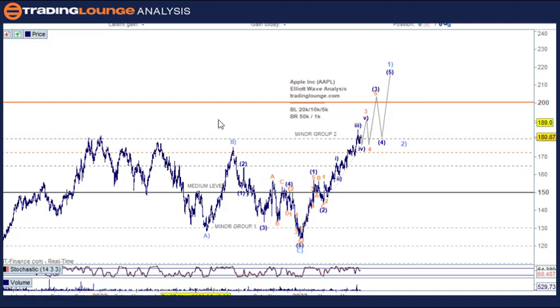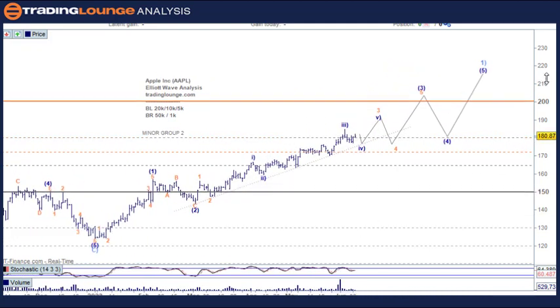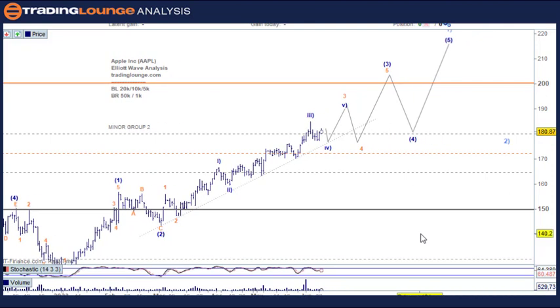Now, to get to a tested support over here, it would take a little bit of wiggling around and so on. So if you're a bit of a trend trader, then you'll just have to put up with new highs and testing previous lows and those sorts of things.